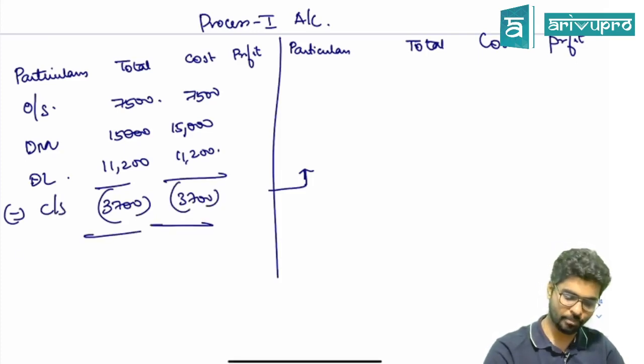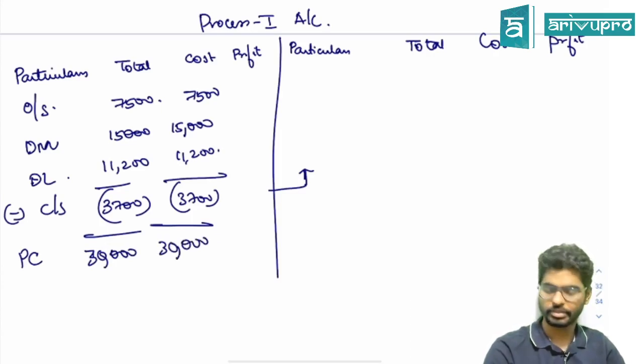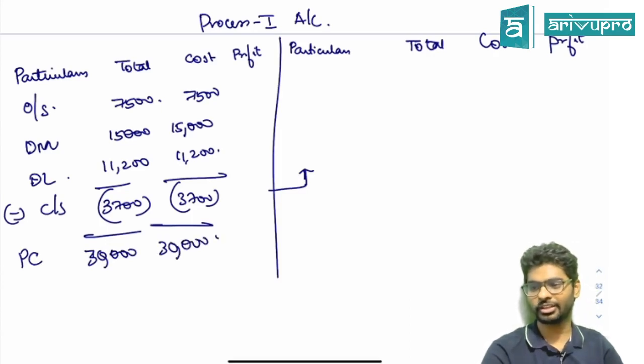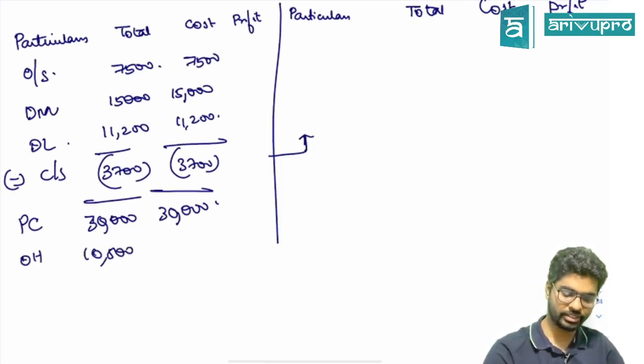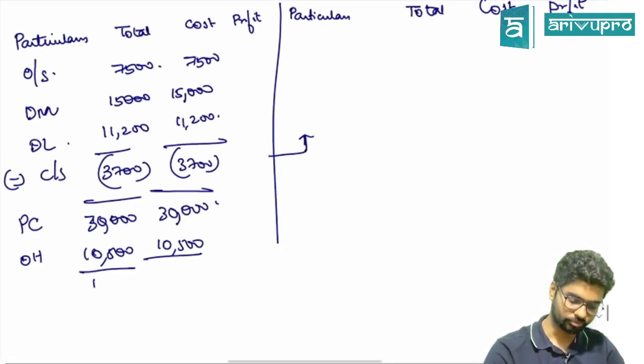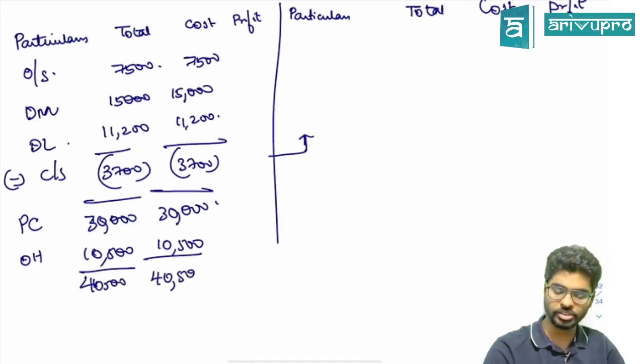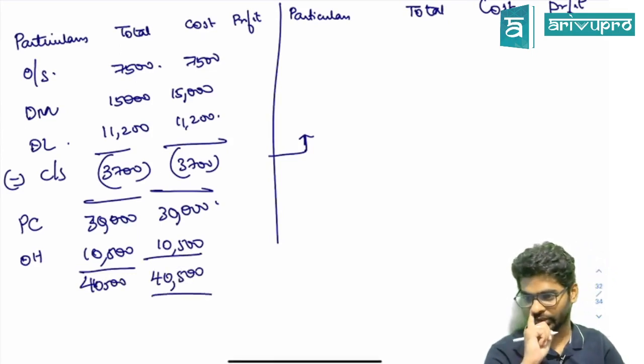Therefore I'll get my prime cost, there's no profit involved till now, so I'm not bothered about it. Plus I will add my overheads 10,500. So this is the cost of the goods what I need to transfer.